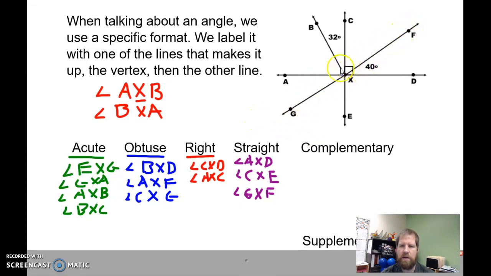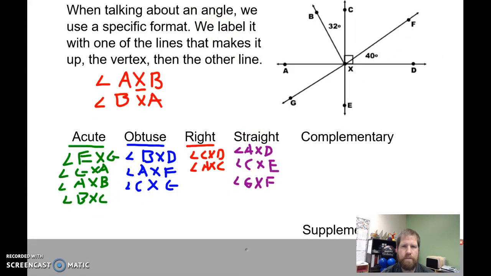Okay. Again, if we had more measurements on here, we'd want to be sure, but to me it looks like that is going to be a straight angle.